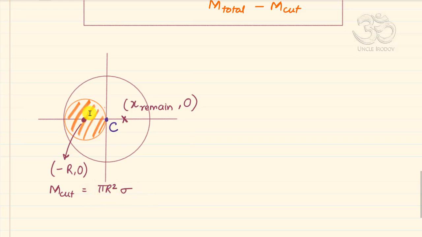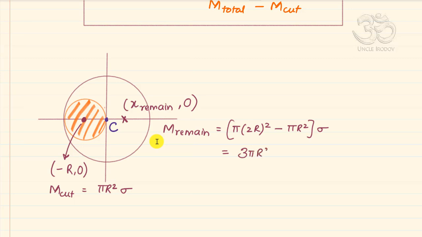So this is the mass of this orange shaded portion, and the mass of the remaining portion, m remaining, is pi into 2r whole square minus pi r square, because that's the remaining area, times sigma, which is equal to 3 pi r square sigma.